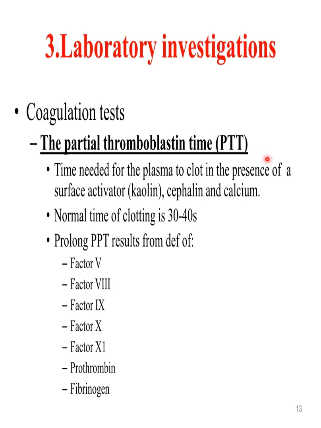On the other side, the partial thromboplastin time. The normal PTT is 30 to 40 seconds, and a prolonged partial thromboplastin time is the result of factor 5, 8, 9, 10, 11, prothrombin and fibrinogen deficiencies.